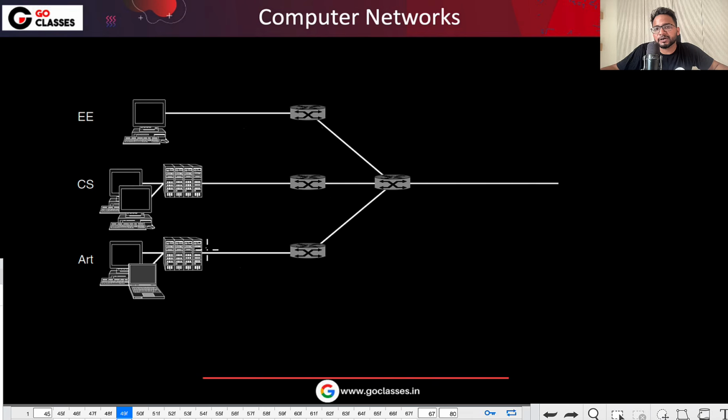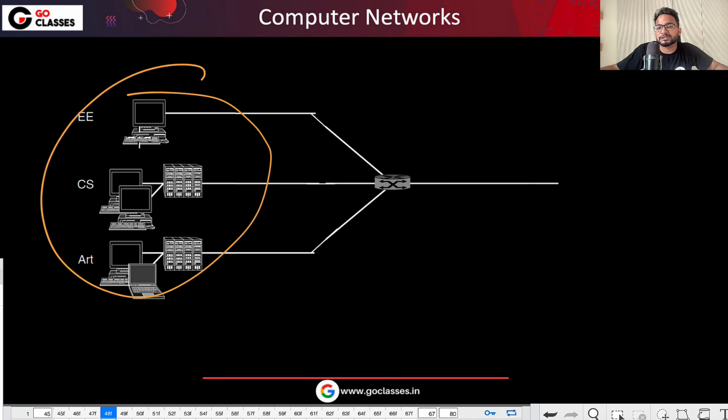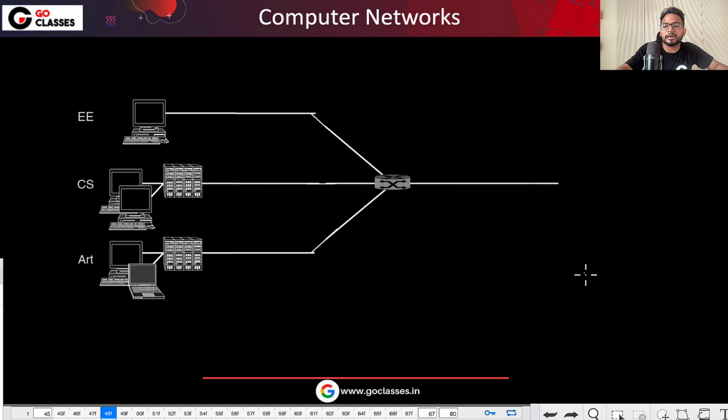If we divide into subnetworks, then it is better. If I want to broadcast something only to the electrical department, or the electrical department wants to communicate within themselves, it is good. You don't have a single network where if you broadcast, everyone will see your message. Within the electrical department you can definitely communicate, and similarly for the art department and the computer science department.